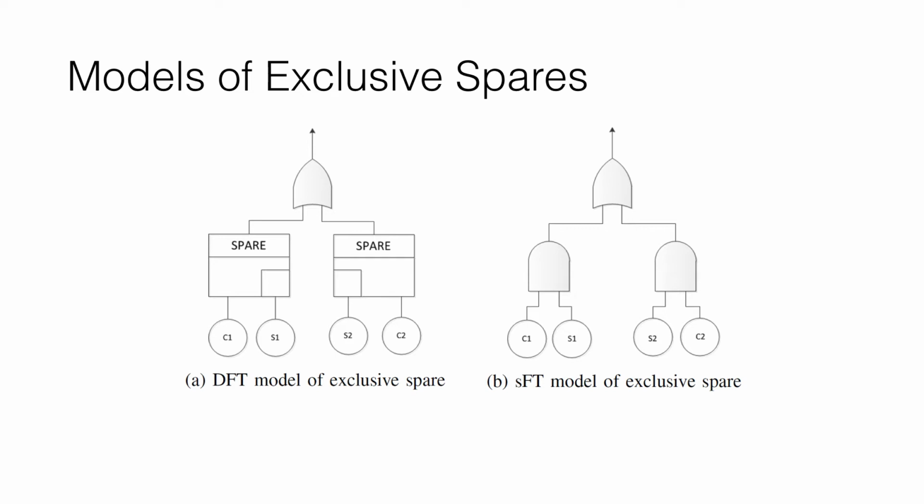And so like I'd mentioned, a common use of DFT is when there are redundant components or subsystems, and spare components is another way to put that. And in a DFT model of an exclusive spare, you can see that we can infer which component is the spare and which component is the sort of permanent installation when the entire subsystem fails.